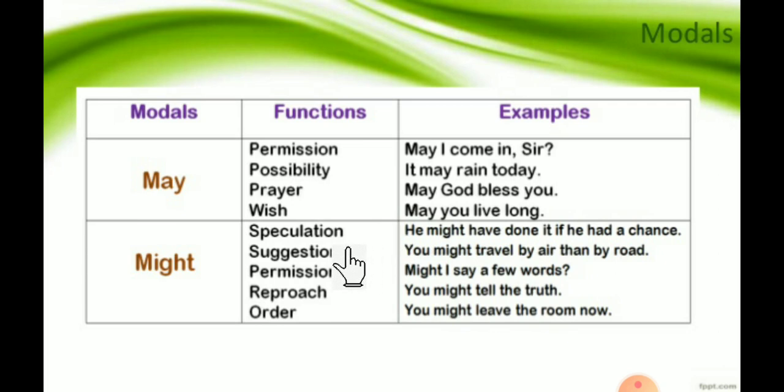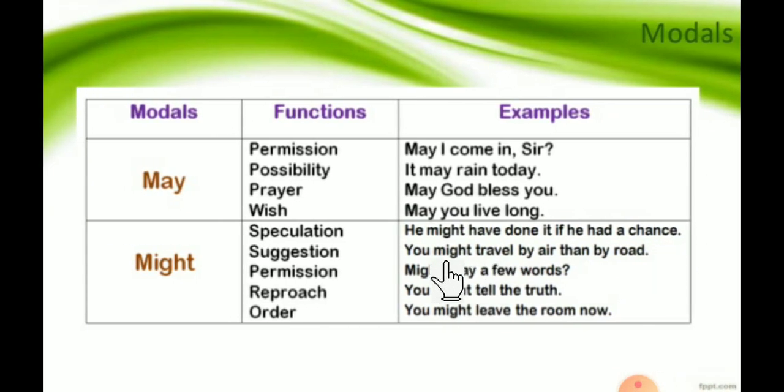You are doing some act, so you are using might. See here example, he might have done it if he had a chance. So for a particular act, if he had a chance, he could have done that particular thing. Here we are using might.